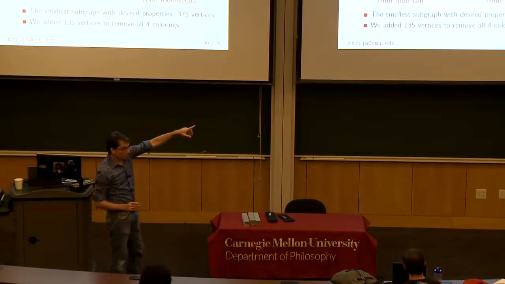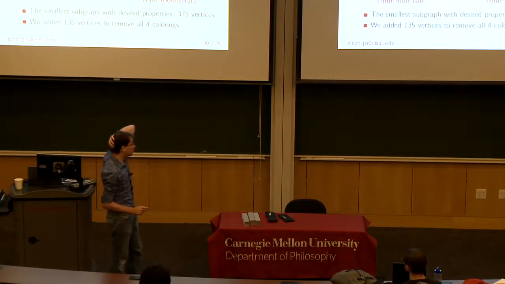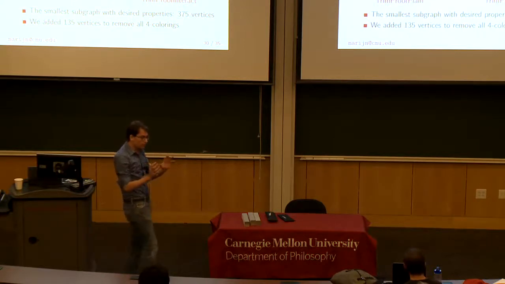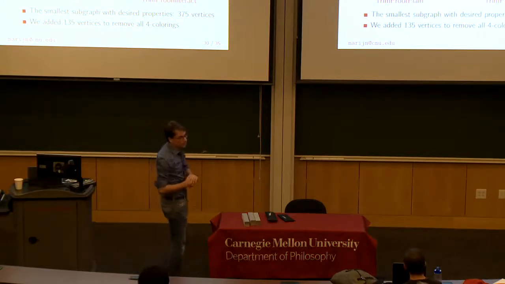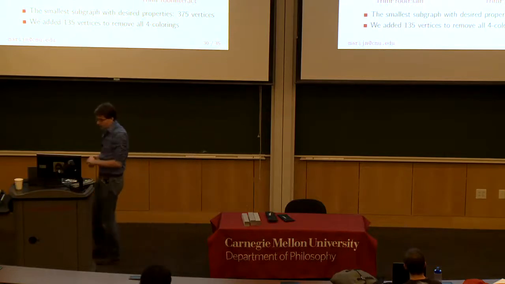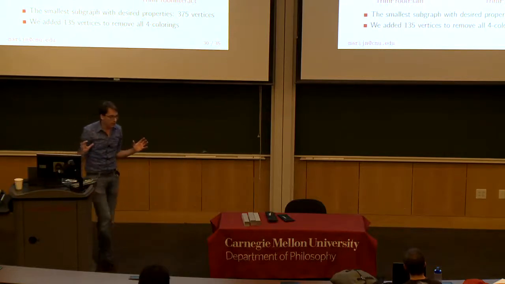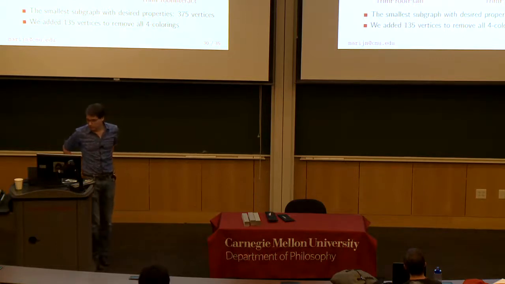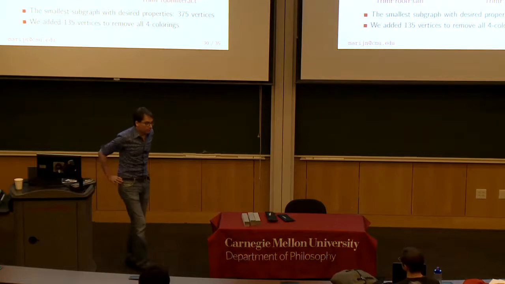But the smallest one, and actually several of them, all had 375 vertices for one part, and the rotated part had 135 vertices. Together they form a 510 vertex graph that has chromatic number 5.